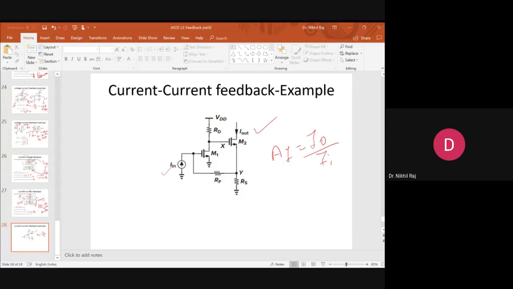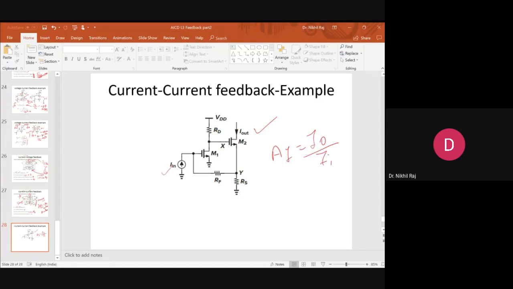So in the next class we'll see what is the loading effect of beta on the feed forward amplifier, because when I design the beta, I should know in which model I should design so that it fulfills the criteria of my feed forward amplifier. That is very important to know, because all the networks we are designing, we are still considering only two port networks.